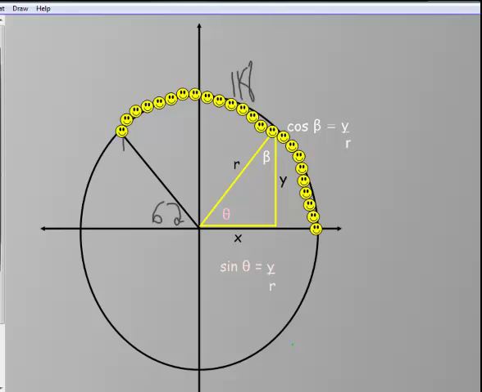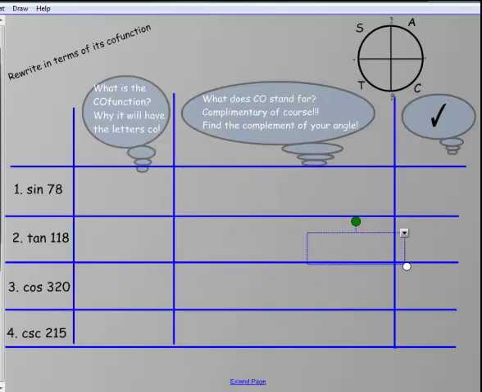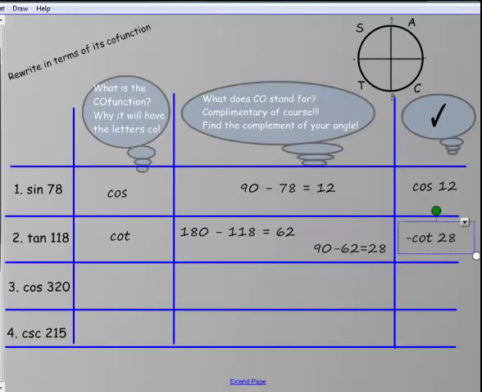I wanted its cofunction. So I was really looking for this angle up here. And then we did 90 minus 62, see, 90 minus 60 is 30, 28, and that's how I got this 28 right here. I'm trying to find the other angle in my triangle now. The last thing we have to do is take cotangent and put 28.